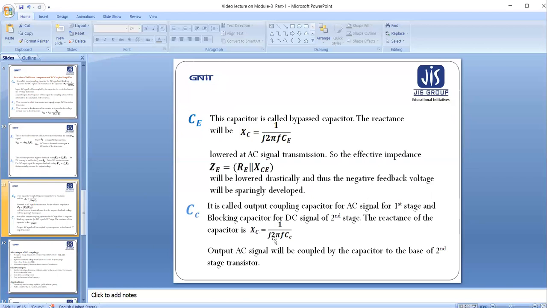Due to this reactance 1 by j2πfCC, the output AC signal from the second stage will be coupled through the capacitor CC to the final load resistance.